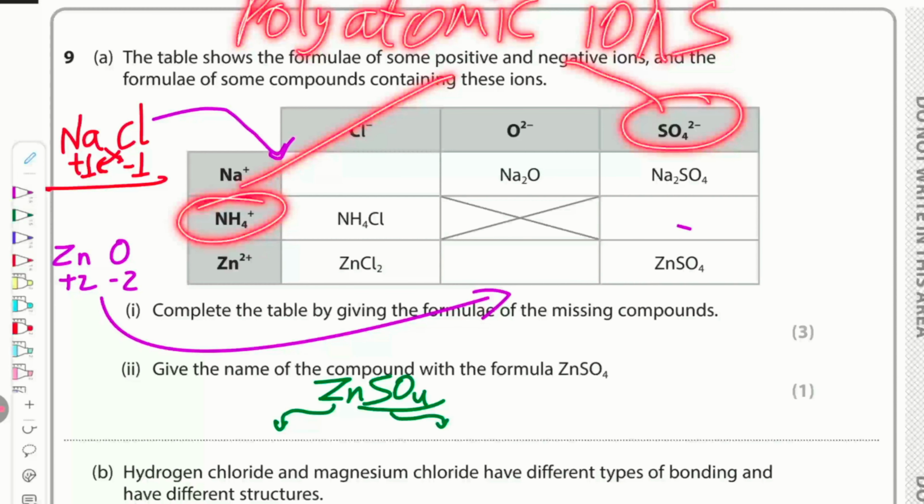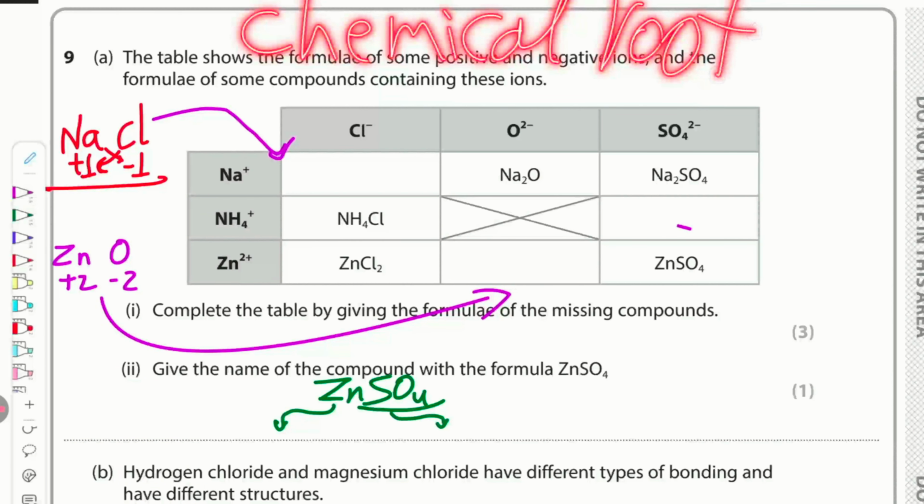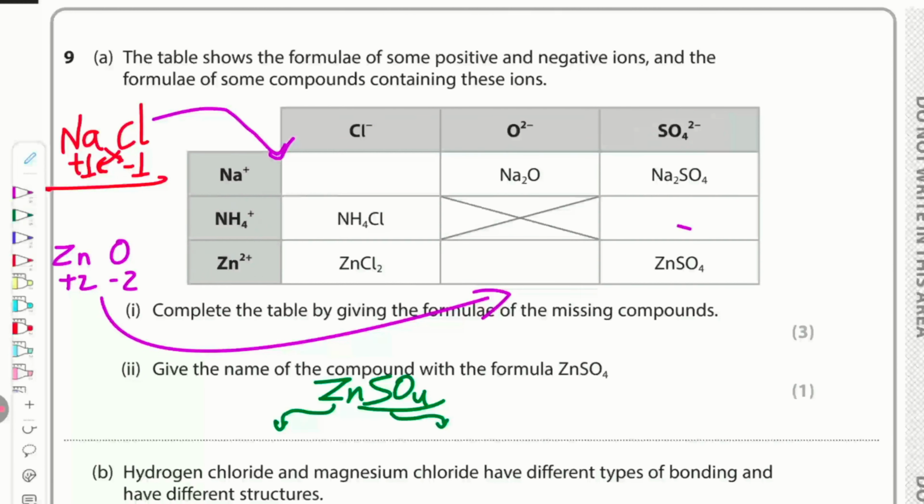Whether they are positive or negative, they have another name, which is called chemical roots. We call them chemical roots because they stay together here, like this one and that one only, not this one.